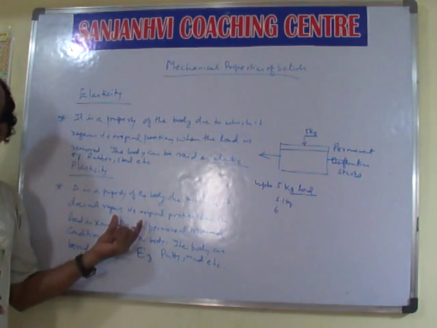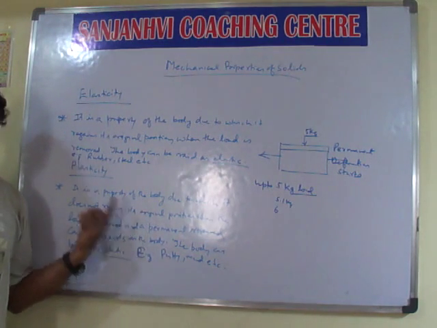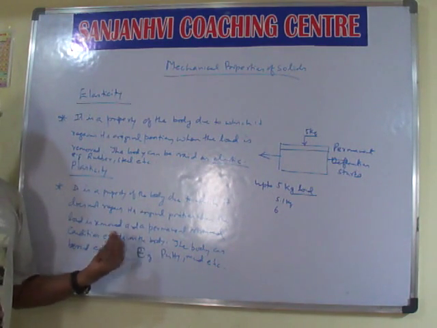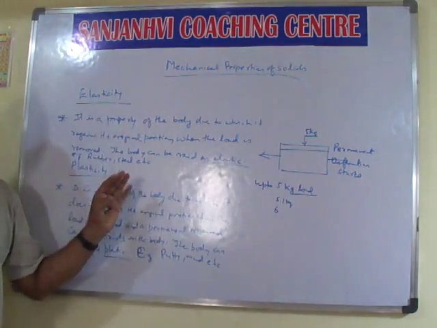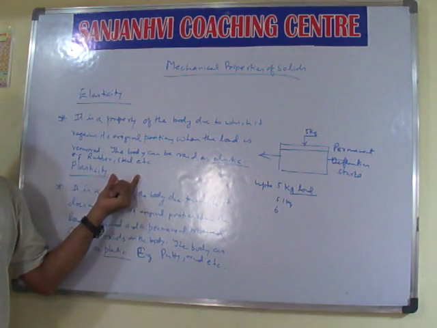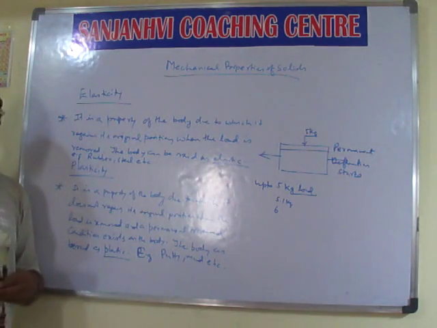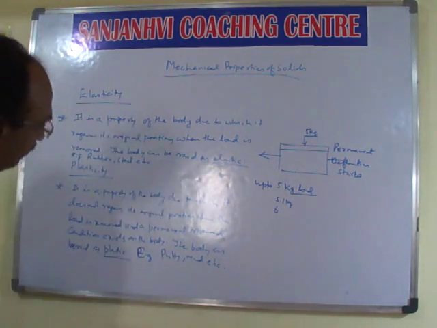Then the body will be said to be plastic. So each and every body, up to a certain extent, up to a certain load, is elastic. Understood now, elastic and plastic? Very good.